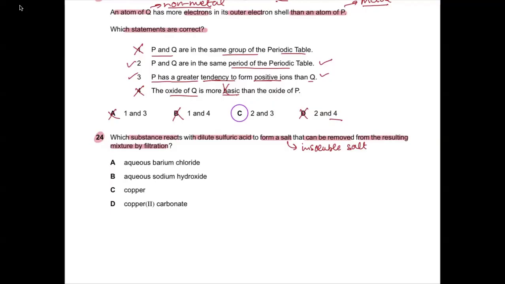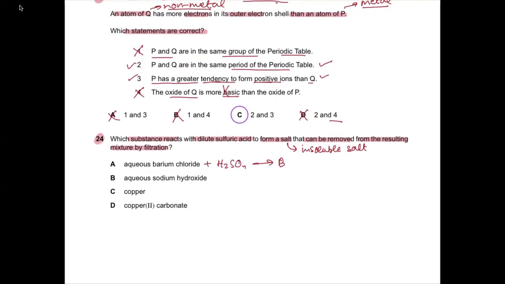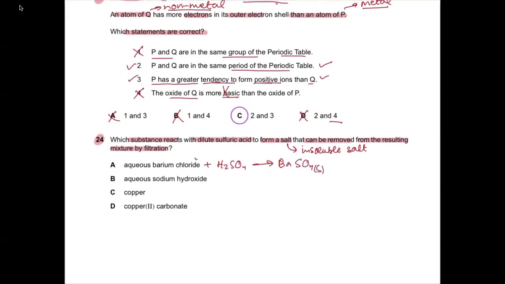So when we add sulfuric acid and barium chloride, we will get barium sulfate. Both reactants are aqueous and barium sulfate is a solid. It will form a precipitate. So it might be an answer. Sodium hydroxide with sulfuric acid will give you sodium sulfate, which is aqueous.